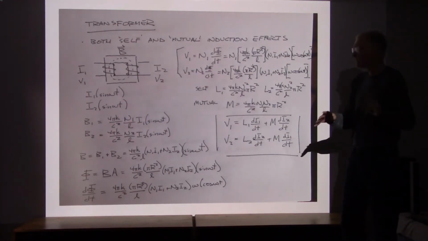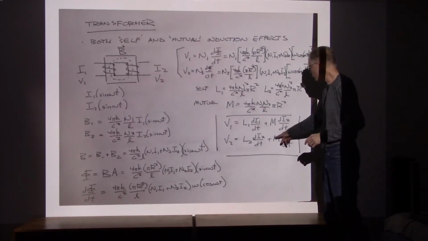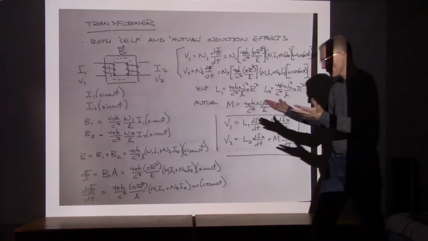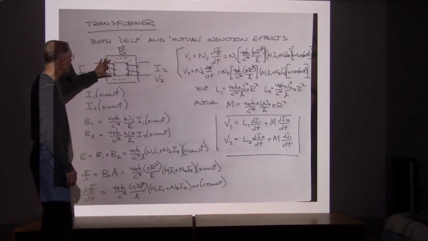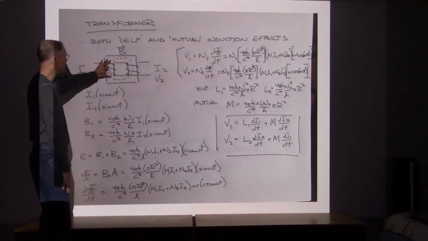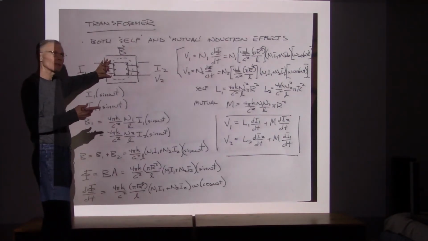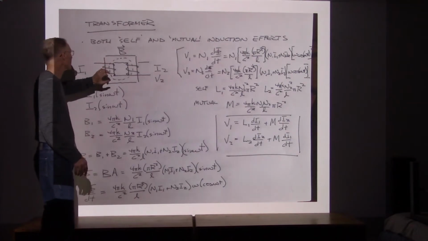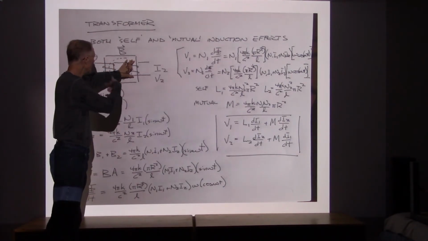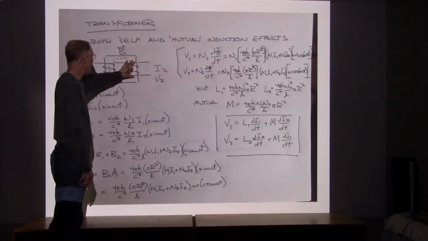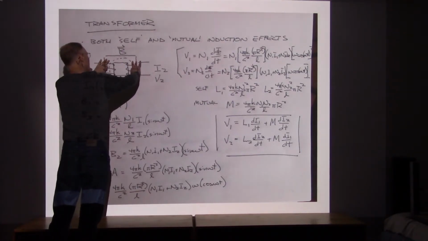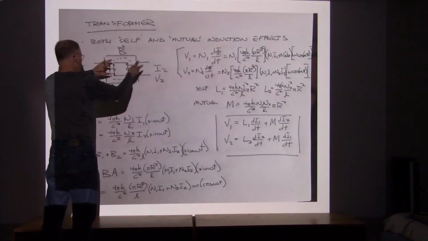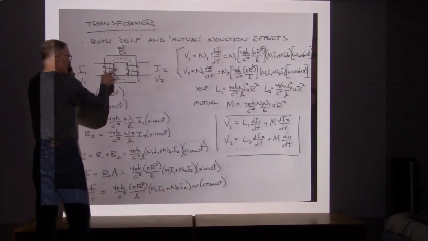So we did some examples where we only included mutual, but in a transformer, it's going to be self-inductance, these coils interacting with these coils and reducing or creating a voltage drop. These coils interacting with these coils, creating a voltage drop. And then these coils interacting with these, creating an EMF, and vice versa.